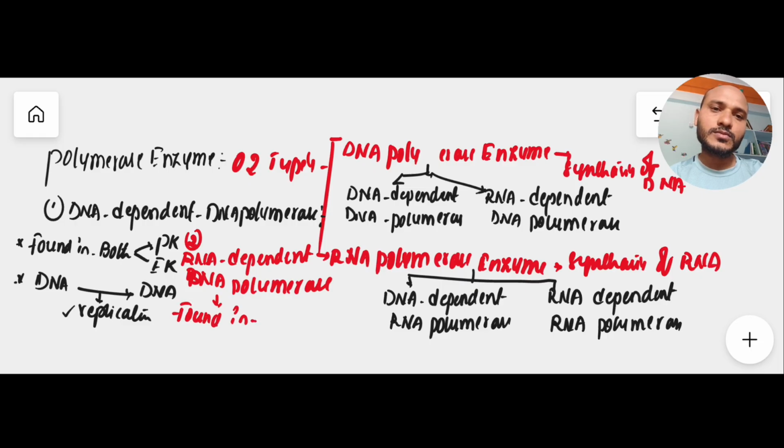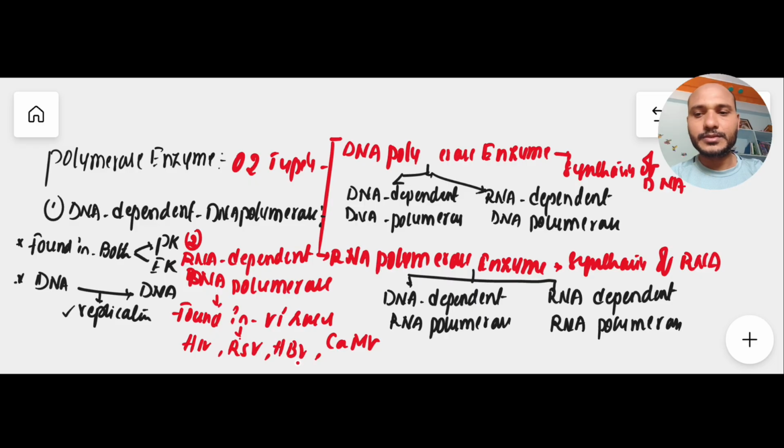Examples are HIV and RSV. RSV means Rous sarcoma virus, hepatitis B virus, and very important, cauliflower mosaic virus. So in these viruses, there is a presence of RNA dependent DNA polymerase enzyme.